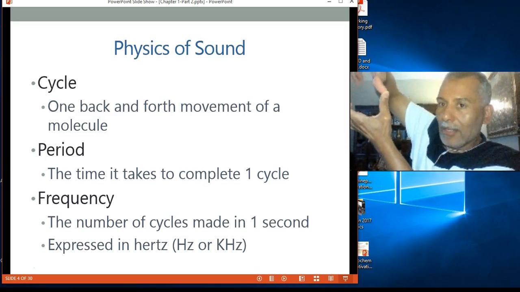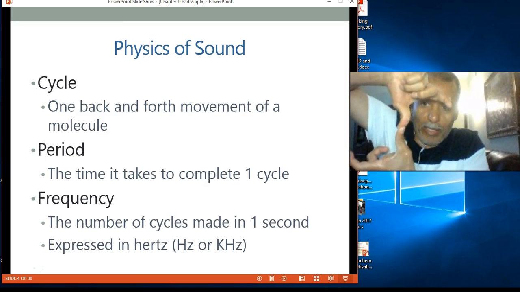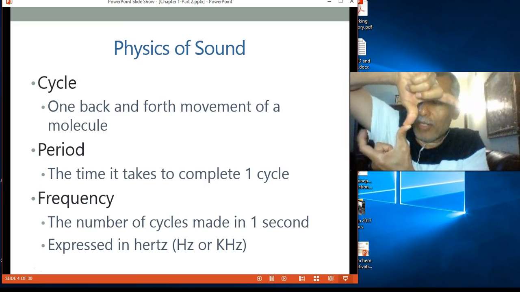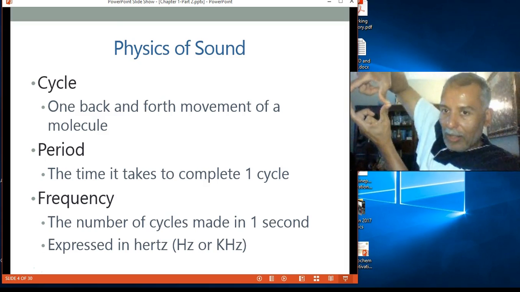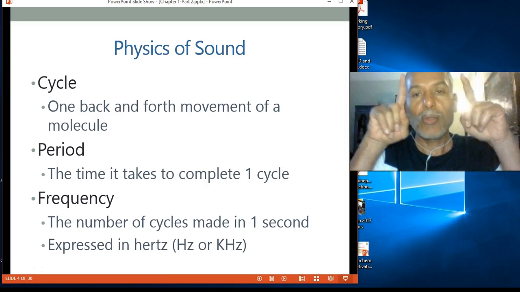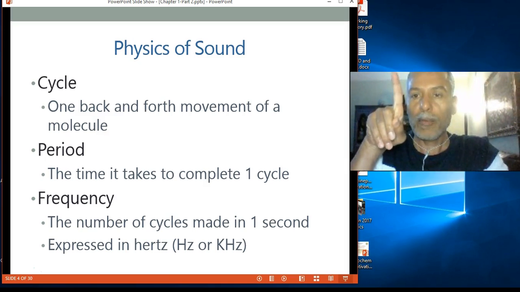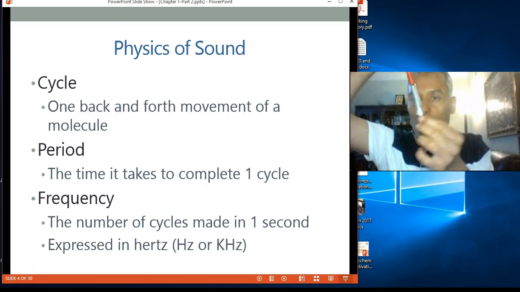Instead of that in the sound, to make it simple for us to see, we depict it like that. Now this is 1/2 of the cycle, this is 1/2 of the cycle. But this is just one cycle. The idea is you start from one location, from rest, go away, come back to rest.